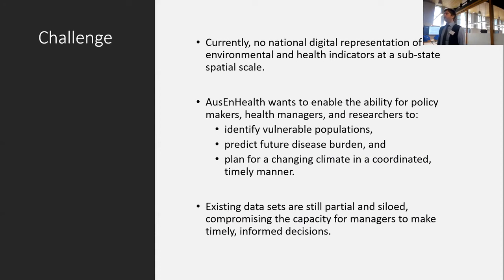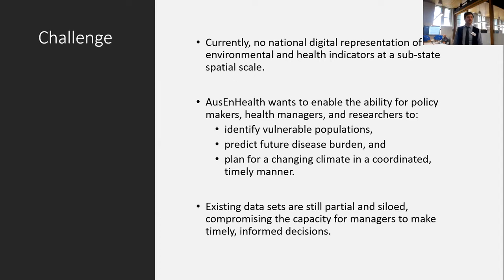Great. So to go through the challenge of what our digital twin, or what our project, is about, the idea is that we want to be able to capture a wide range of environmental health indicators and, as we'll discuss in a moment, indices at a national level that are at a pretty fine geographical resolution.